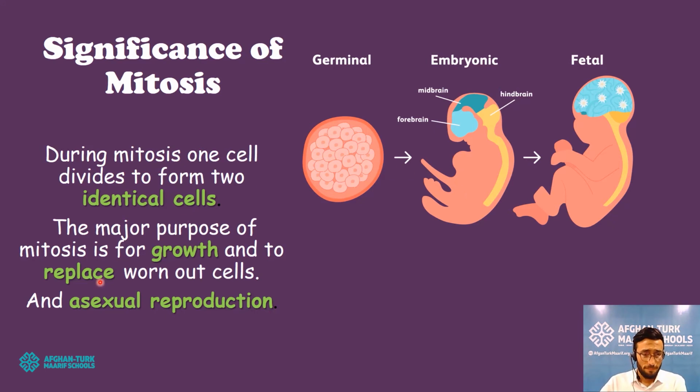So now we know that mitosis is used to produce identical cells. Also, it is used for growth and replacing worn out cells. And one of the most important and major purposes of mitosis is that plants and most animals use mitosis to reproduce their offspring.